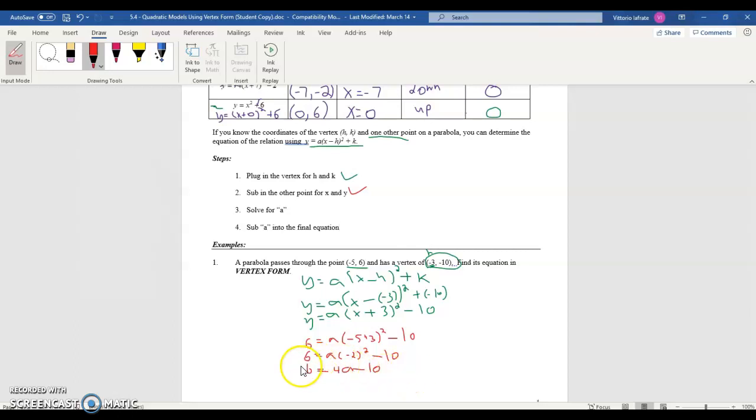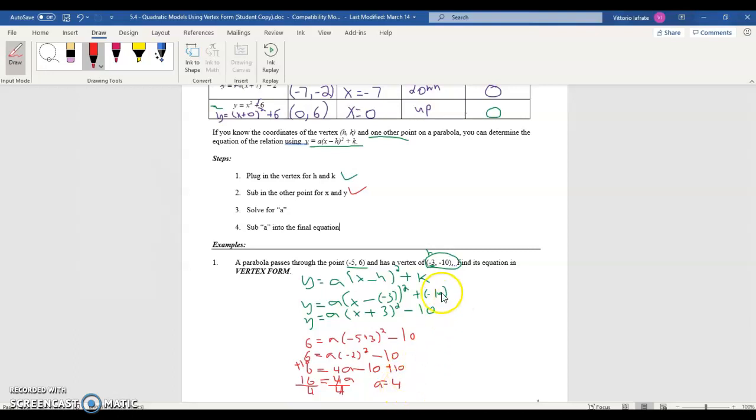Now we can solve by doing plus 10 on both sides. That gets rid of the 10 on the right side, so we get 16 is equal to 4a. Now that's not a yet because we only have 4a, so we have to divide by 4 on both sides. That crosses that out, and therefore we get a is equal to 4.